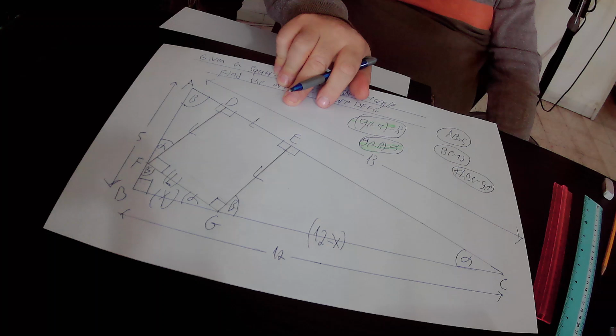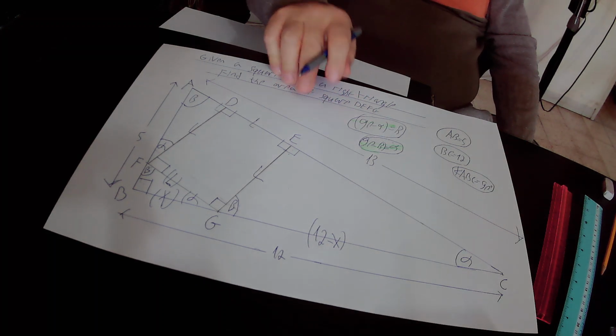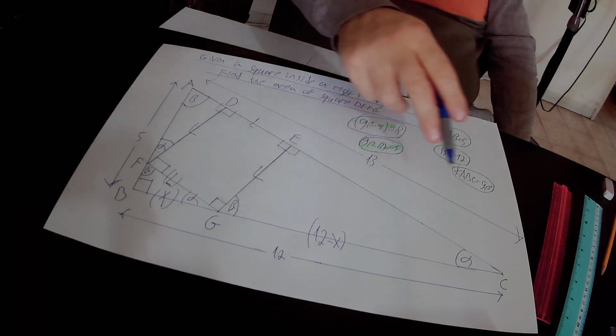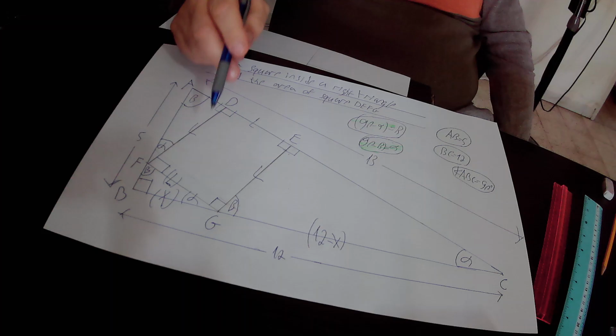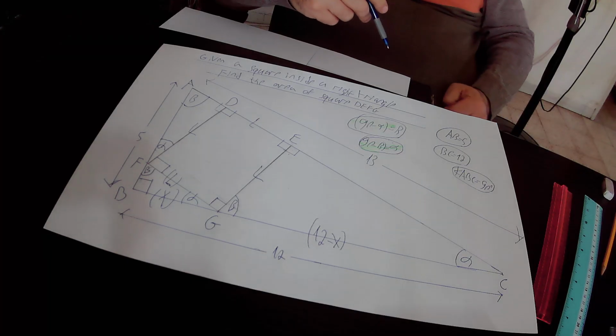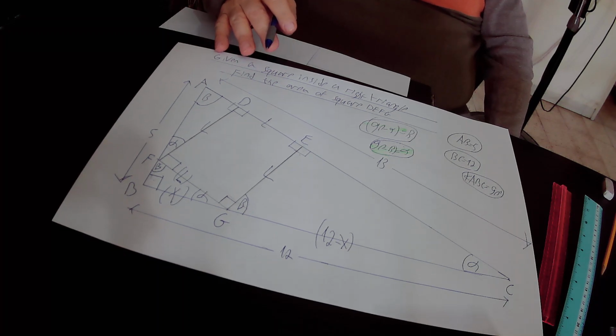Because the big right triangle ABC is similar to the small right triangle FBG, we will derive that the following relationship exists between their sides.